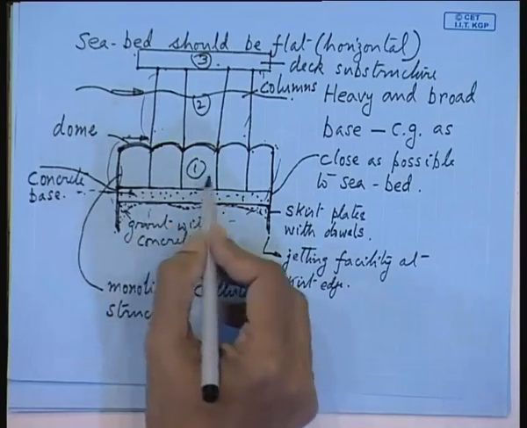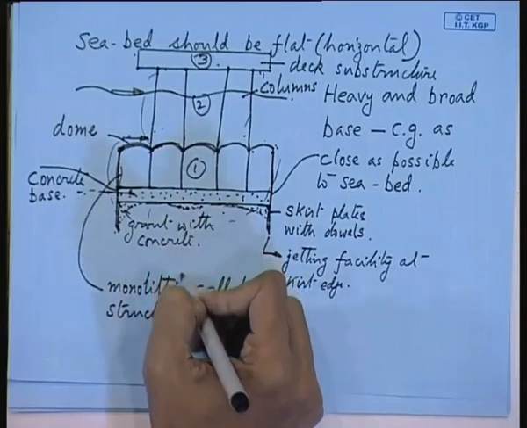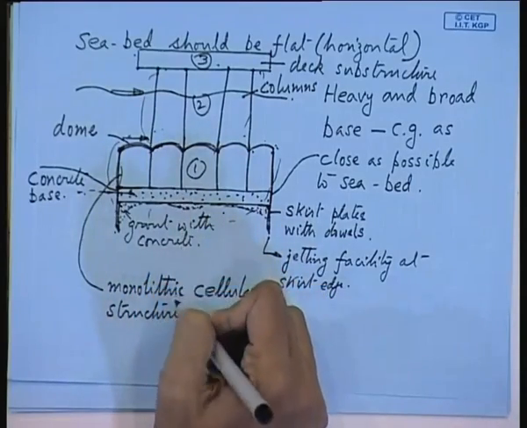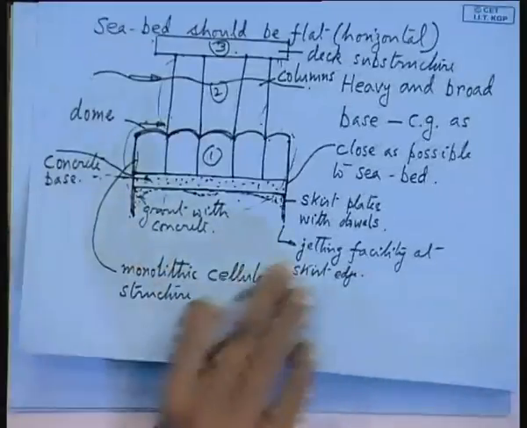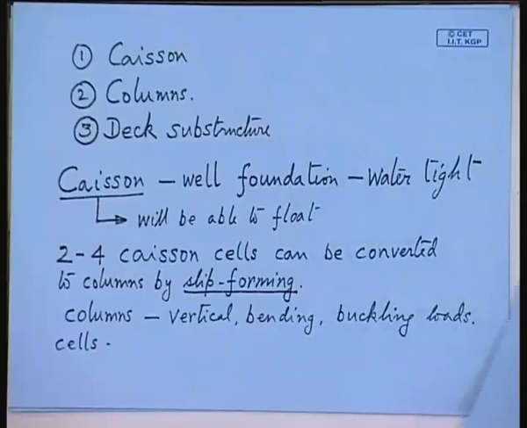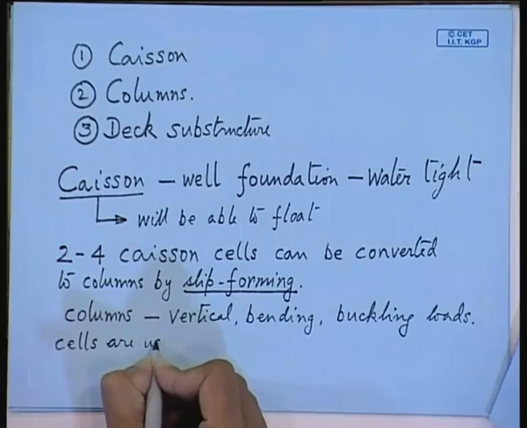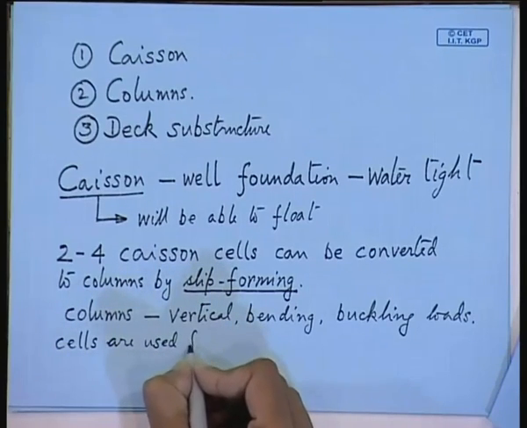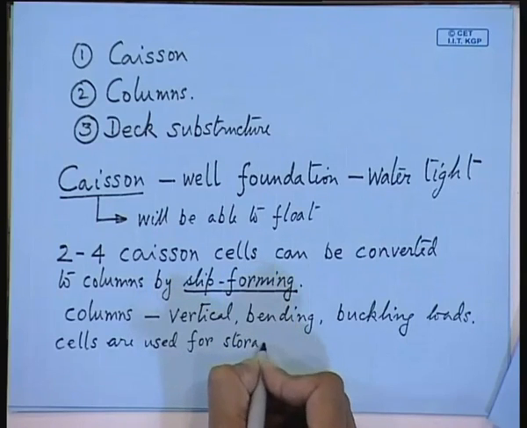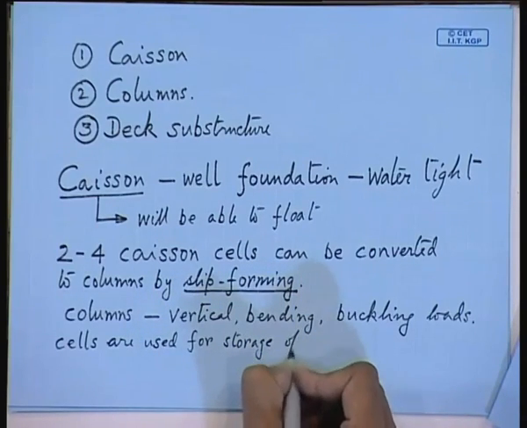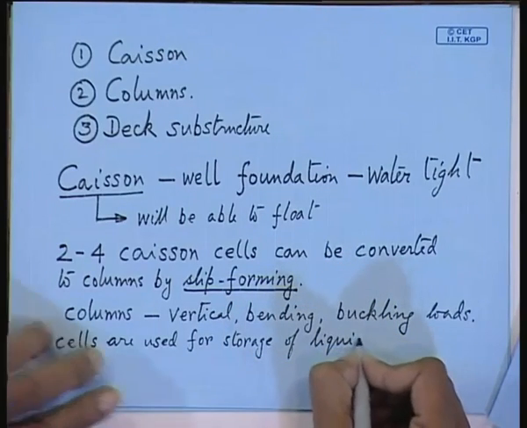That is the oil that you are taking out; there will be the conductor pipes going down, this is called the well head, that will be going down onto the well below. So cells are normally used for storage of liquid mud used in drilling.